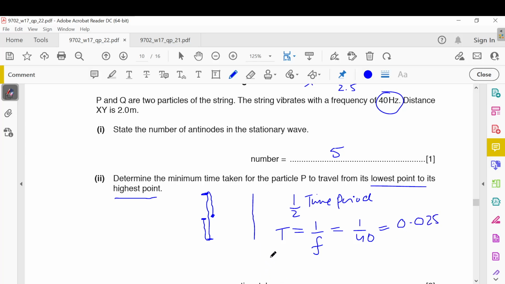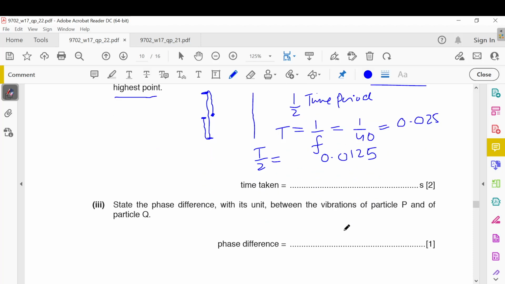And what about half of the time period? That makes 0.0125. That will be the answer. The student may get confused about why we are not taking the full time period. So the hint is given: it's for half a time period.